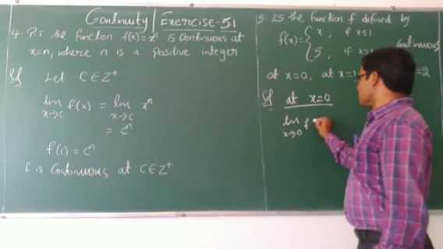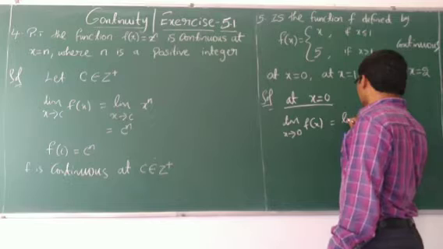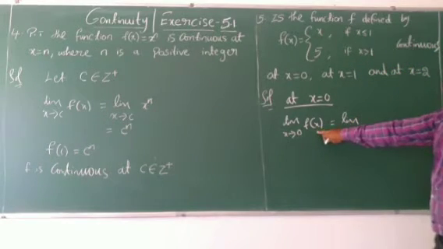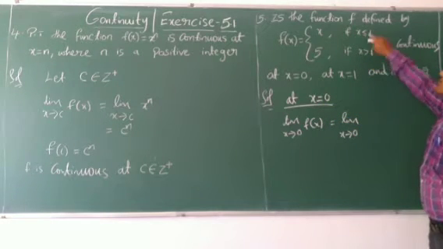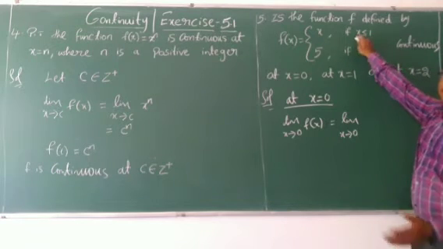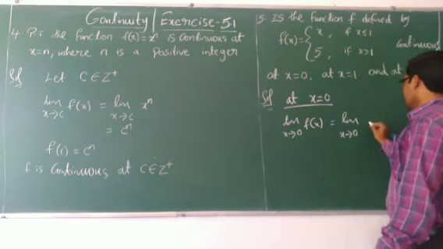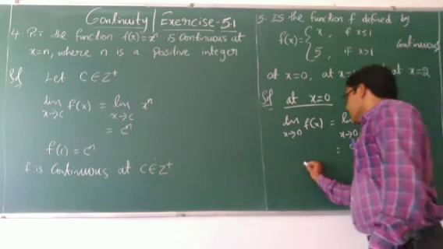Limit as x tends to 0 of f of x equals limit as x approaches 0. What is f of x? Here x is equal to 0. Where do you get 0? 0 will come when x is less than 1. 0 is less than 1. So we consider x. So this is equal to 0.